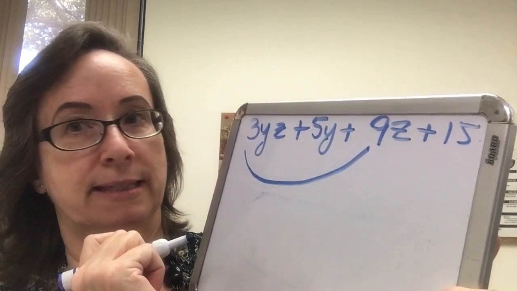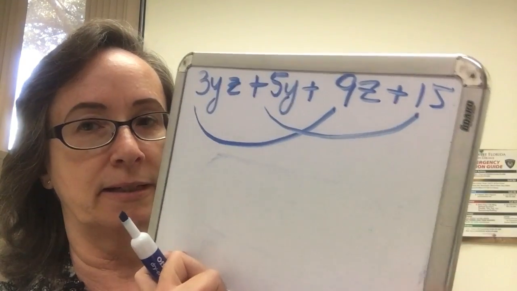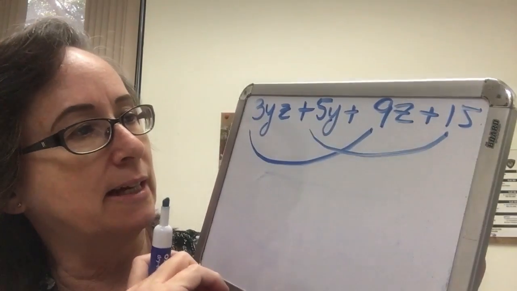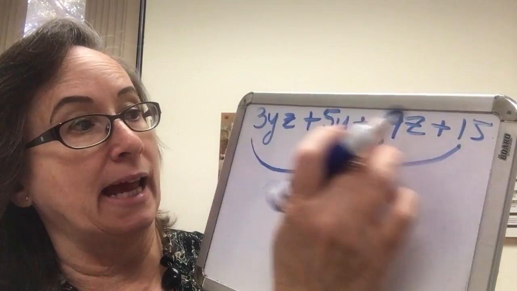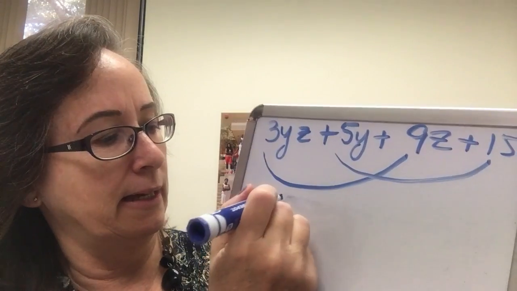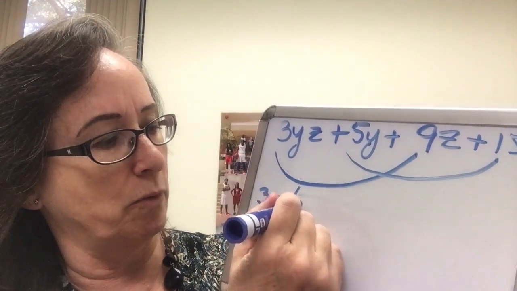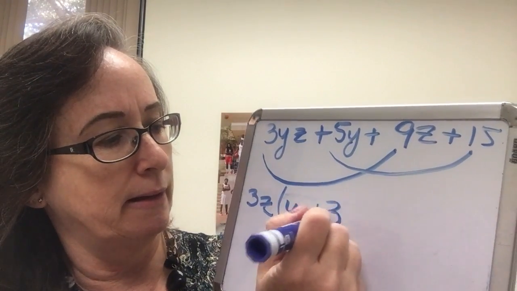I'm going to group the z's together, and I'm going to group the 5's together. Just showing you that I can do these a couple of different ways. So out of these two terms, we have a 3 and a z in common. So I'm going to pull out the 3z, and I'll be left with a y, and a 3.